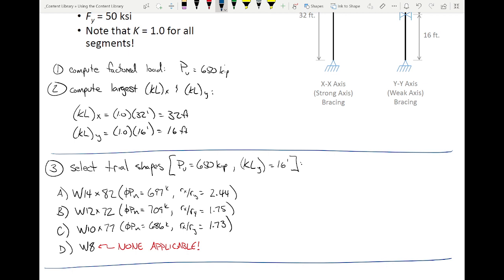We don't know that's the case with these columns because we have a KLX of 32 feet and a KLY of 16 feet. So now we have to check each one of these to see whether or not they're going to work, and from the ones that work, select the lightest. Now, before we start doing math, some of the efficiency-driven engineers out here, and I don't mean efficiency in terms of PU over phi-Pn, I'm talking about efficiency in trying to make your homeworks as short as possible.